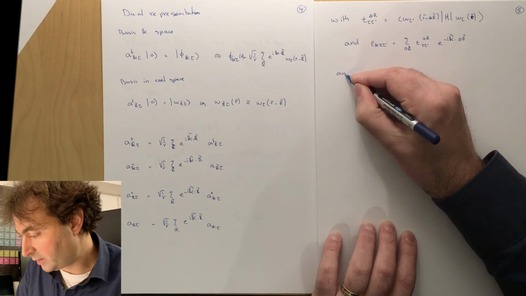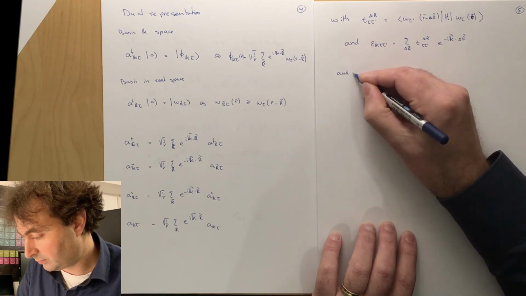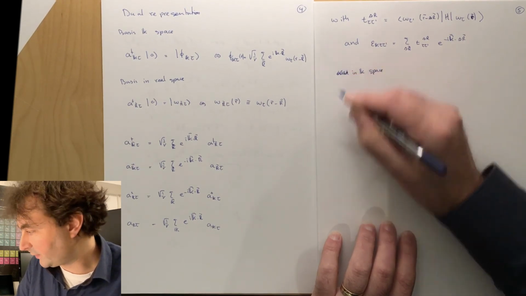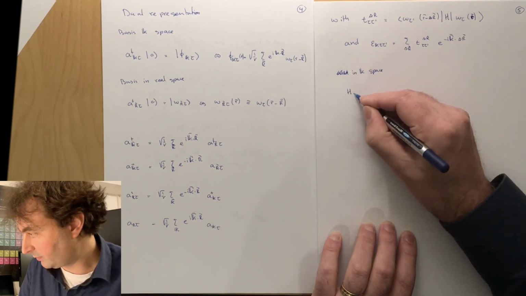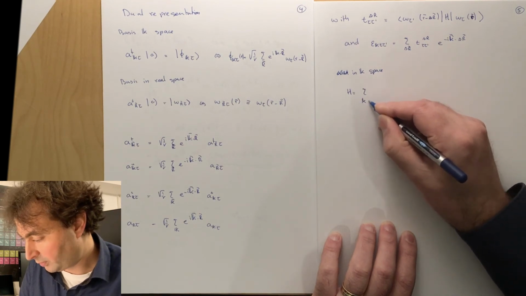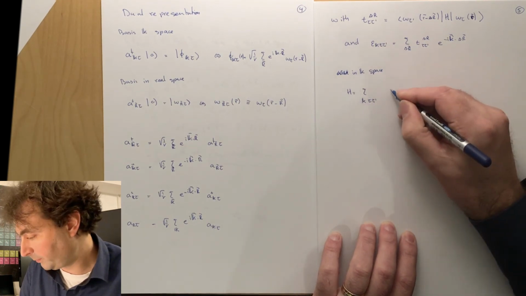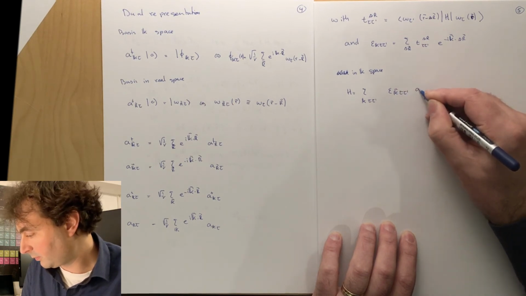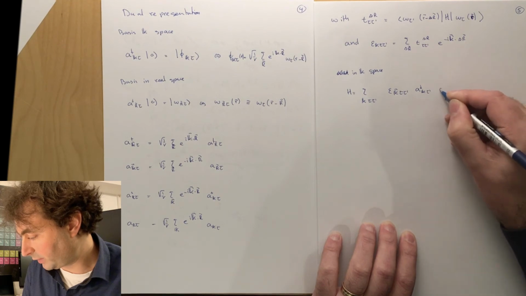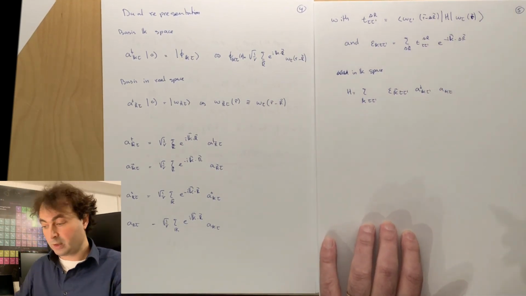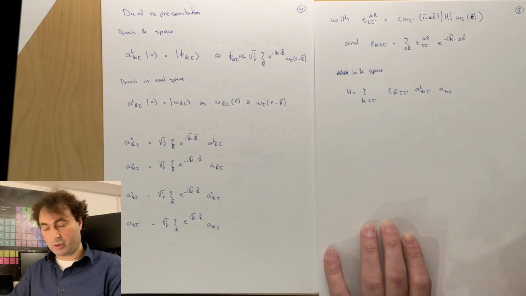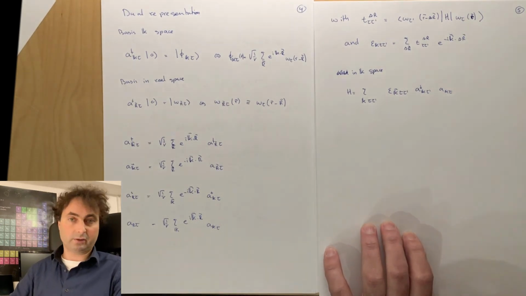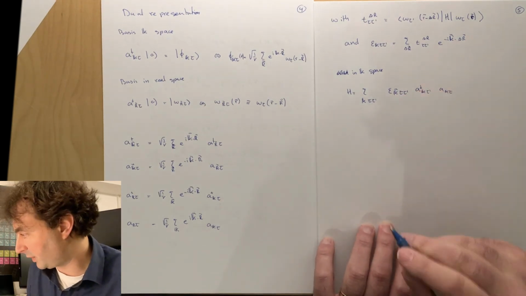Such that in k space the Hamiltonian is given by the sum over k tau tau prime epsilon k tau tau prime a dagger k tau prime a k tau. So you have to diagonalize this matrix within the orbital space for each wave vector k, but you're already diagonal within crystal momentum space.